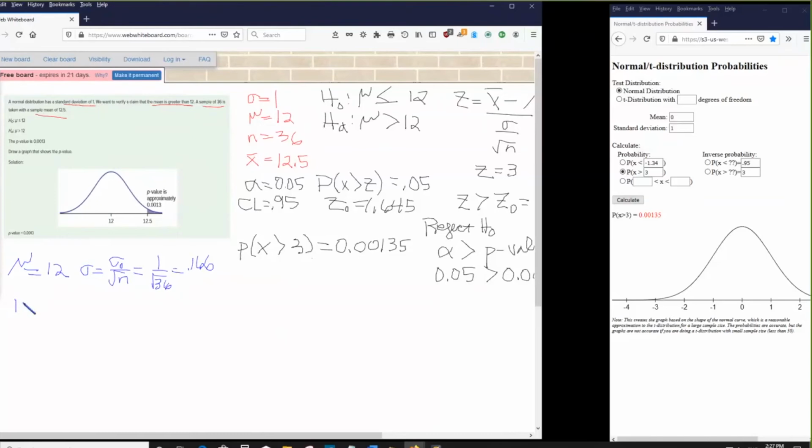Then you could also find the probability that X is going to be greater than the sample mean of 12.5, and that's going to give you the exact same calculation.